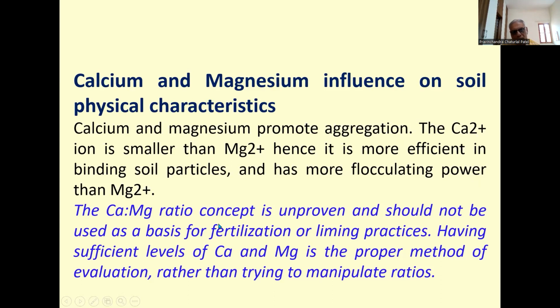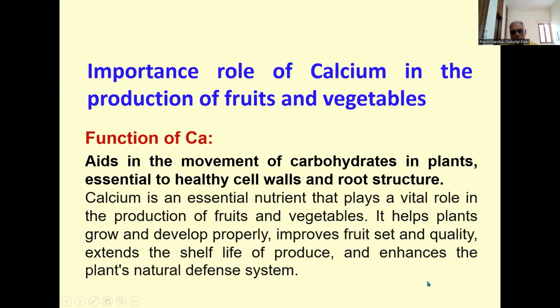The calcium-magnesium ratio concept is unproven and should not be used as a basis for fertilization or liming practices. Having sufficient levels of calcium and magnesium is the proper method of evaluation rather than trying to manipulate the ratio. So both are required in sufficient amounts in the soil, but the calcium and magnesium ratio is not so important.